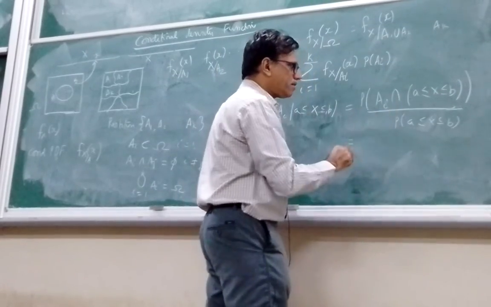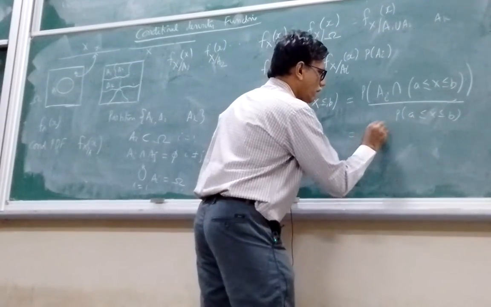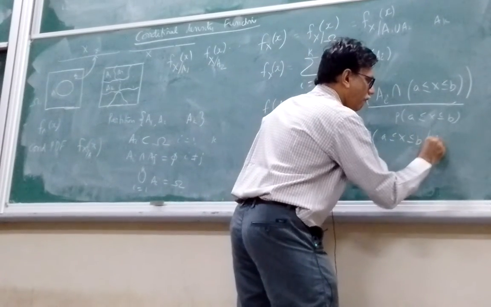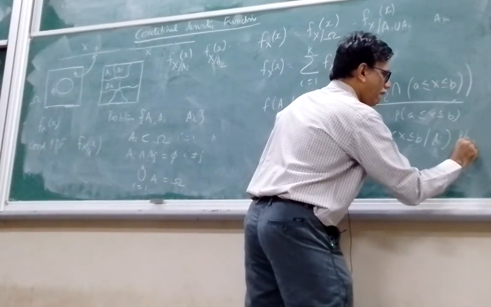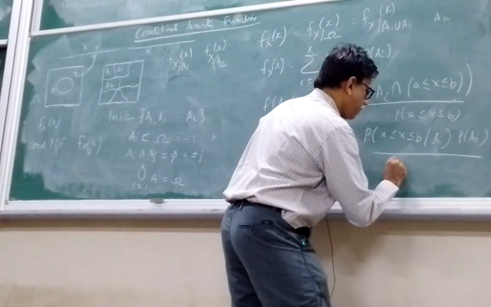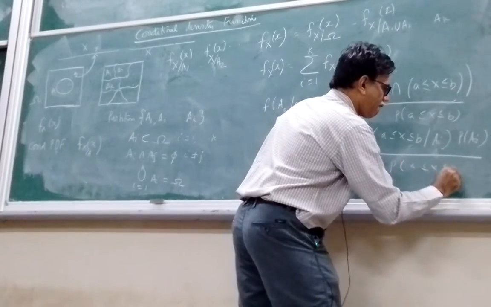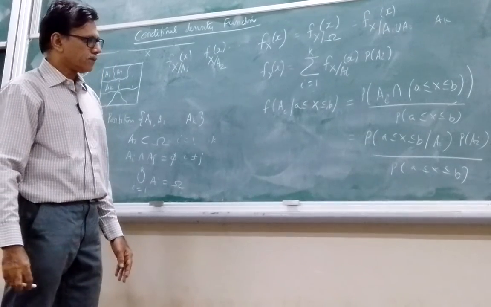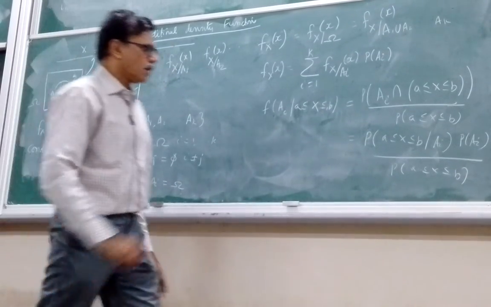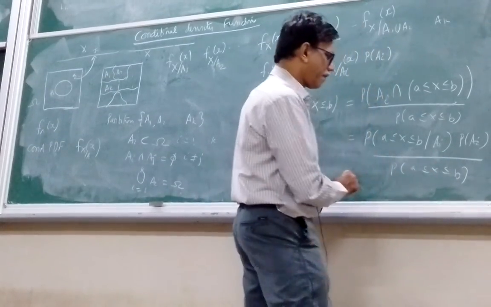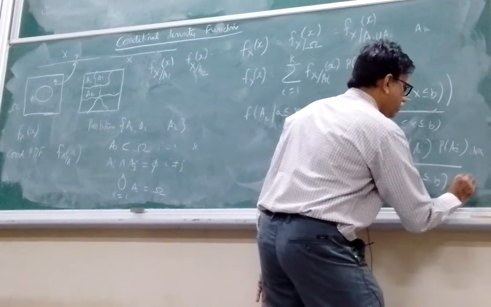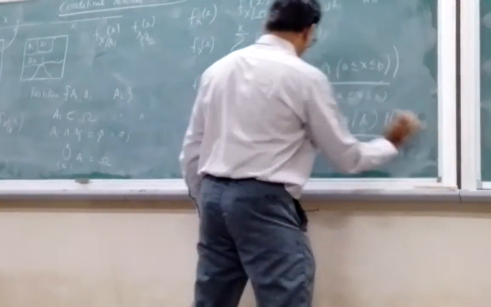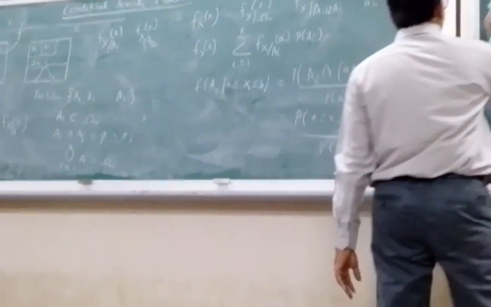This can be written as, right? Now we can of course multiply dx on both sides. So this is how we can calculate.